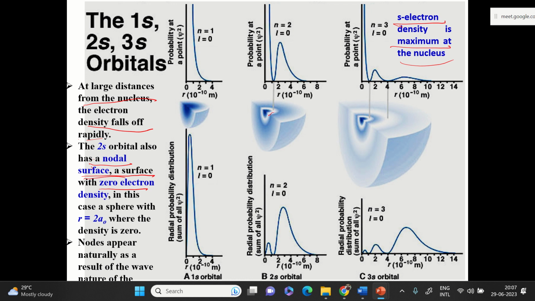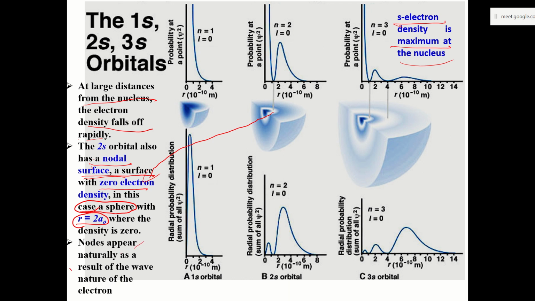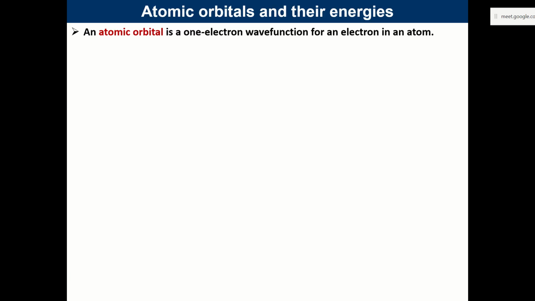We saw that this is the nodal surface, white one, 0 electron density, and this is a sphere like thing, a spherical shell at a distance of 2a naught, something like this, where the density is 0. Nodes appear naturally as a result of the wave nature of the electron. So ये आपने देखा.